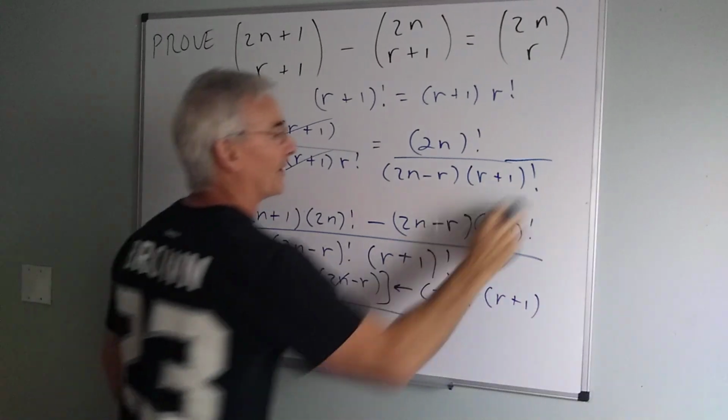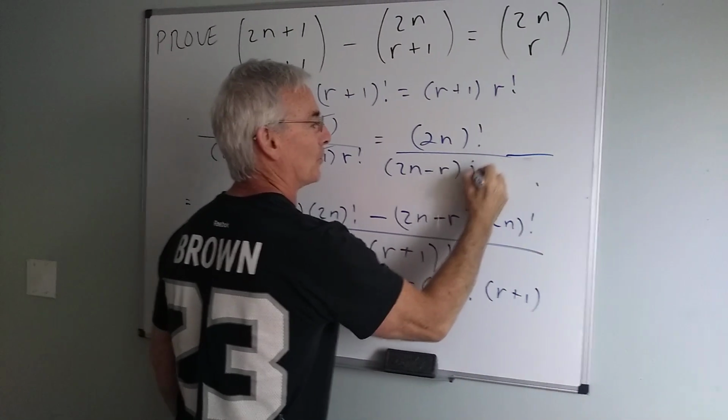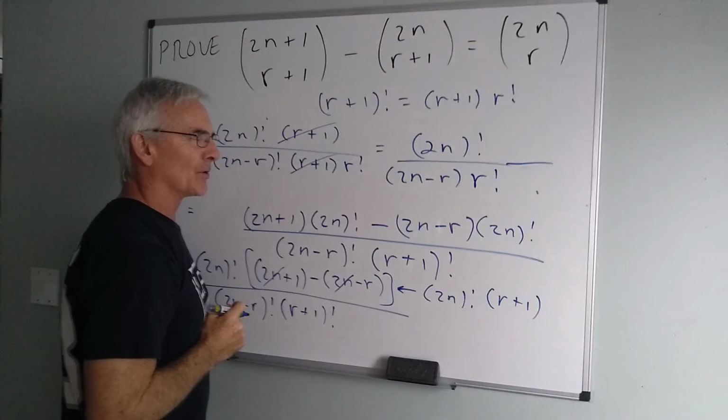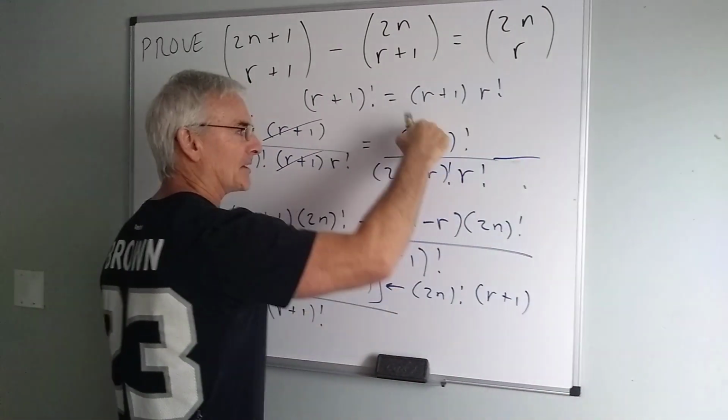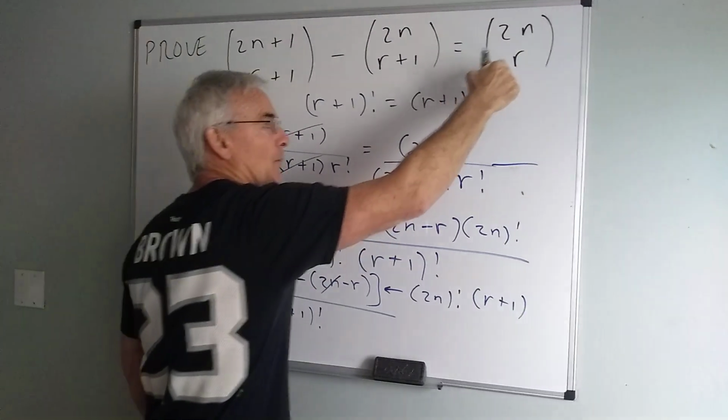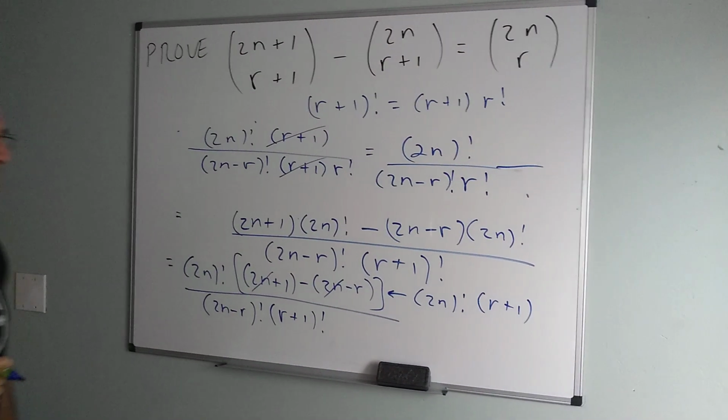I'm sorry, r factorial. I don't want to do this one again. And if I do a really careful analysis, the terms on my denominator add up to the 2n, so we have in fact produced the right-hand side, so we're finished.